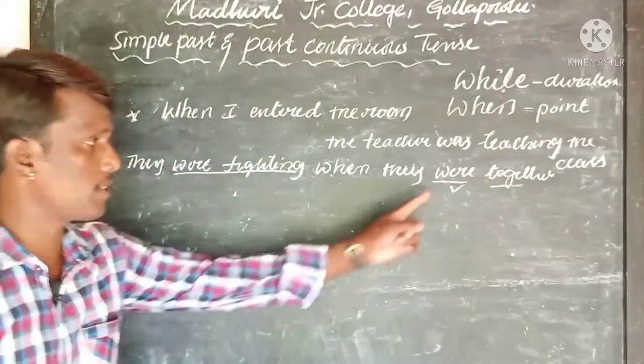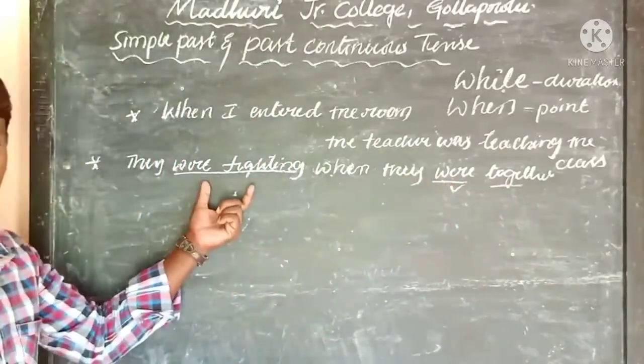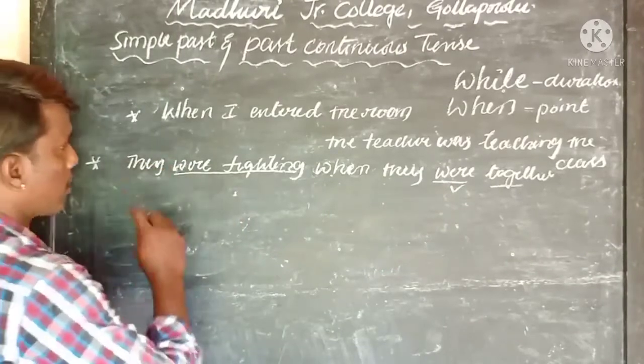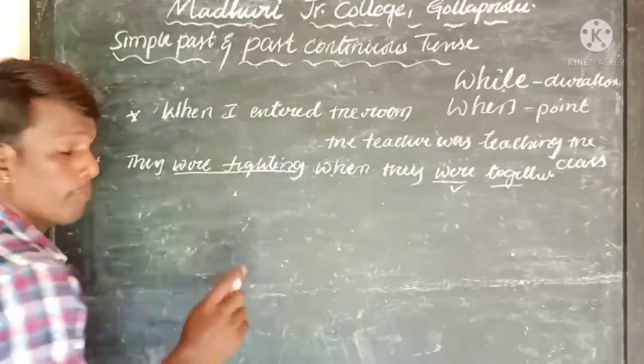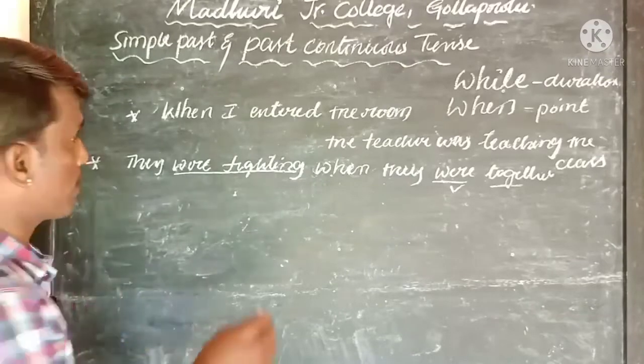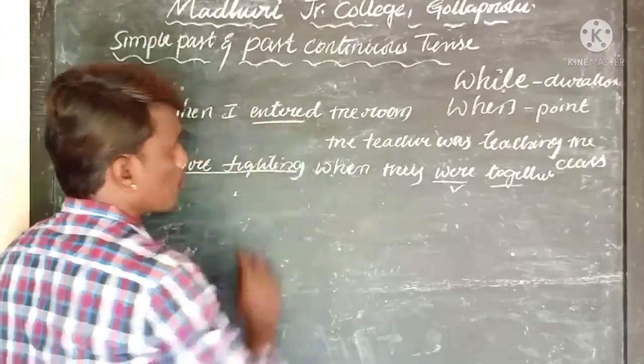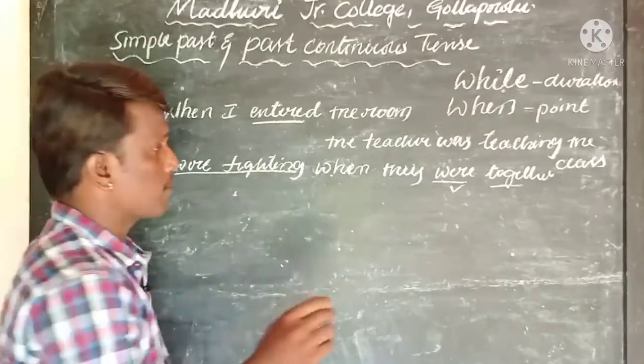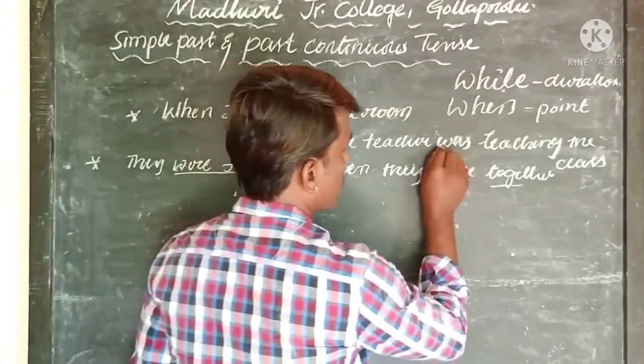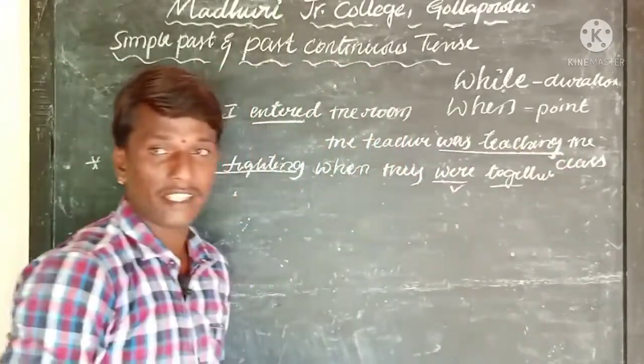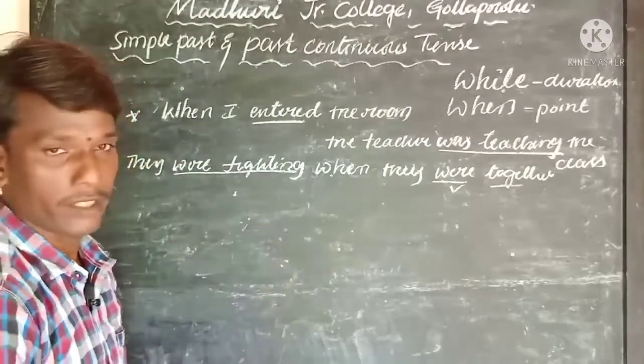So they were together is in simple past tense and this one is past continuous tense. When you take the first example, I wrote the simple past tense in the first place, that is, I entered the room is simple past tense, whereas the teacher was teaching the class is past continuous tense.